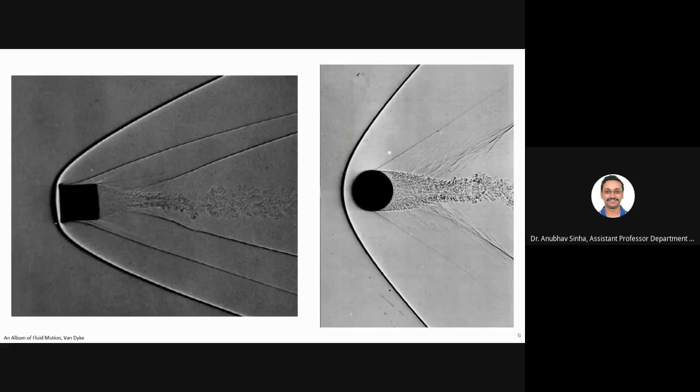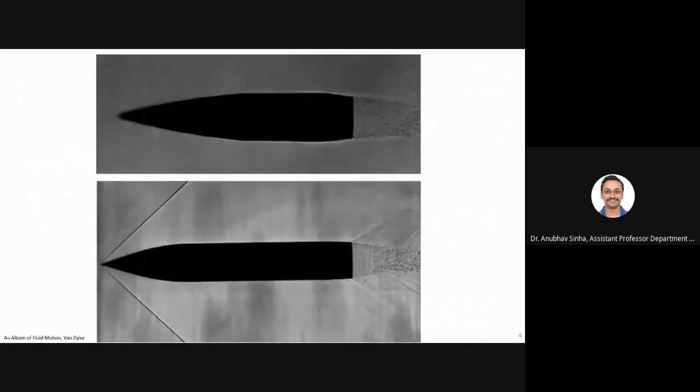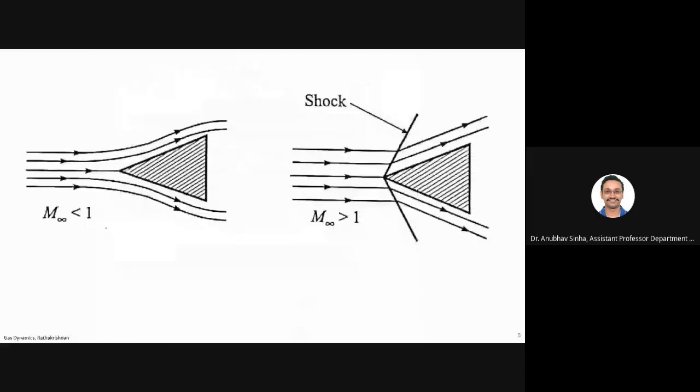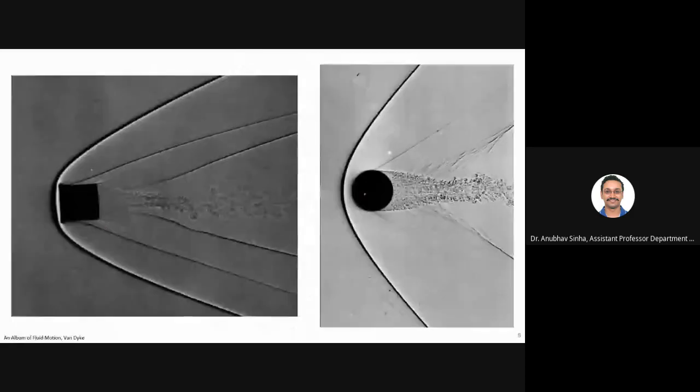Even if this is an aerodynamic object, we still have shock. Does any shape or size of object affect the shock? That's what I'm showing you. You have seen three shapes, and for all the shapes we have a shock wave. Whenever you go beyond Mach 1, to supersonic speeds, you are likely to get a shock.